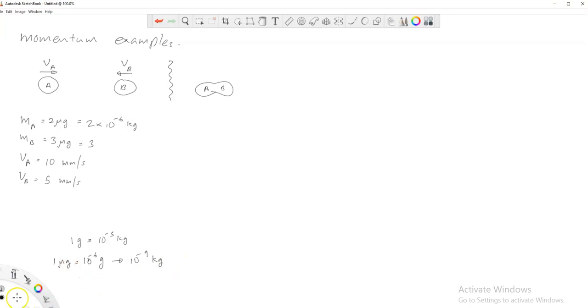Okay, let me double check before we go any further. Yes, it's 10 to the negative 9 kilograms, so I need to change this to negative 9 over here. 3 times 10 to the negative 9 kilograms.